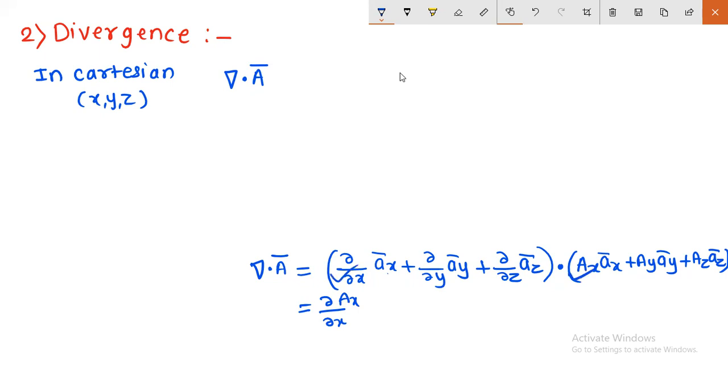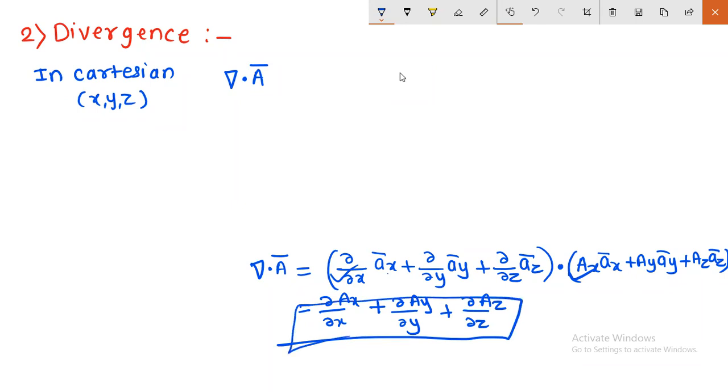Then plus dabba upon dabba y of ay and plus dabba upon dabba z of az. So this is your scalar quantity and there is no unit vector, remember. This divergence, the dot product, is always a scalar quantity.